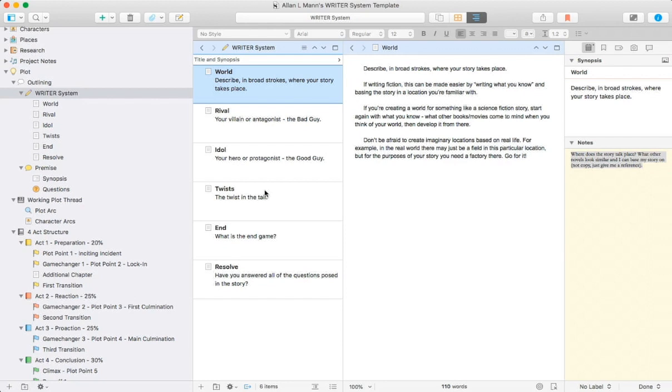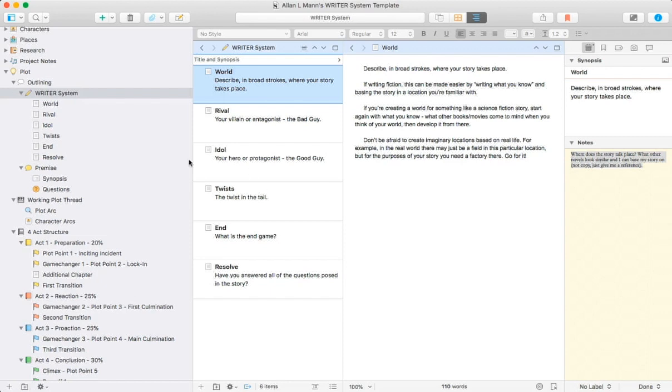What part of the world? What's the weather like? Is it a real place? Is it like a Star Wars type story? What is the world? So in this, again, I will go over very quickly what these points are, and then we'll back up and look at each one in a little bit more detail.